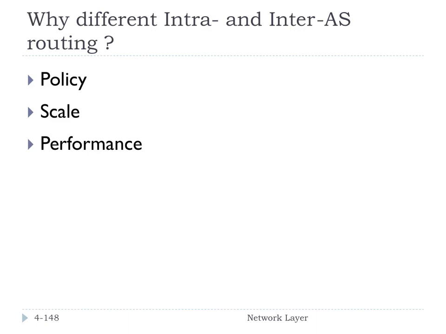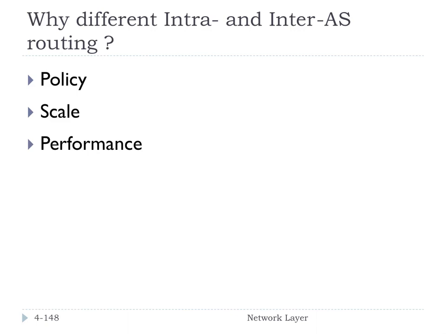And lastly, performance. Performance is always important. With an intra-AS routing protocol, performance is really important. You want our interior, organizational routing to be as fast as possible. But that's not necessarily the case with inter-AS routing.